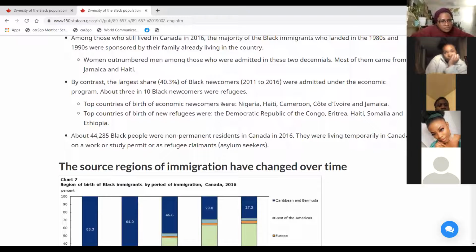So still 70% of Black people are coming for economic opportunities. The top countries for economic newcomers are Nigeria, Haiti, Cameroon, Ivory Coast, and Jamaica. And the top places for refugees: Congo, Eritrea, Haiti, Somalia, and Ethiopia.